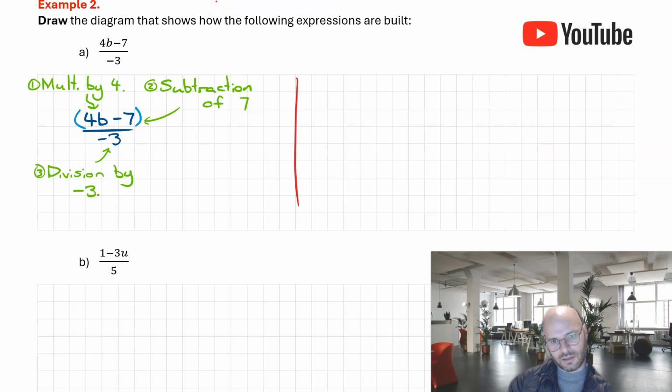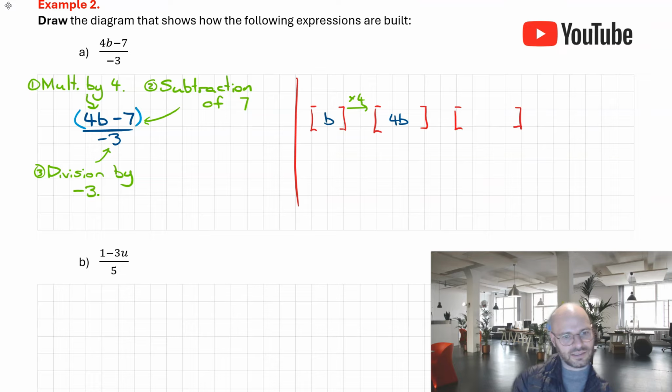Going down, let's set ourselves up. We're working with the variable b. First thing that's going to happen is b is going to become 4b. This will occur because we're multiplying by 4. Next, 4b is going to become 4b take 7.